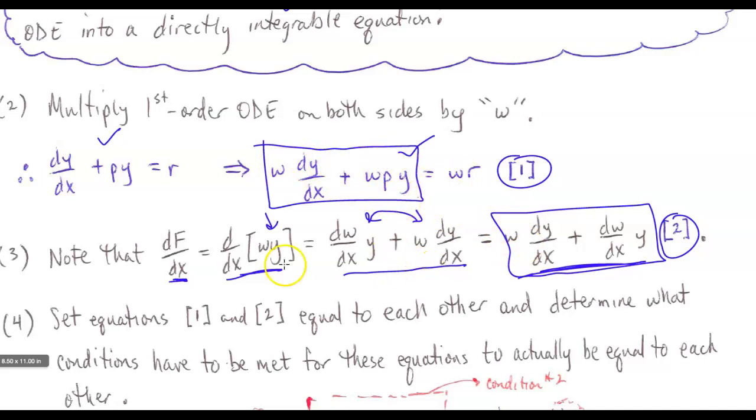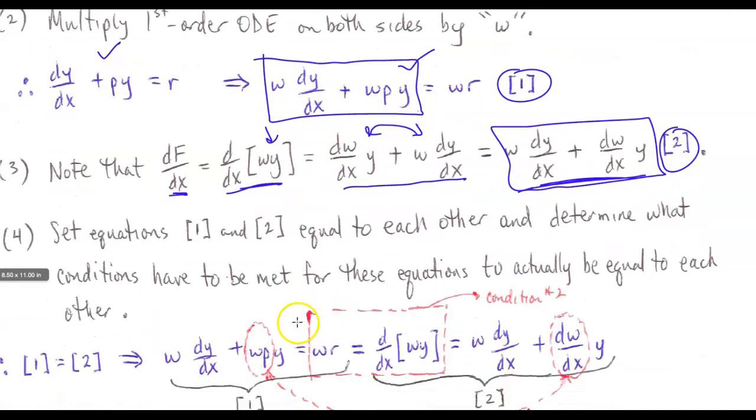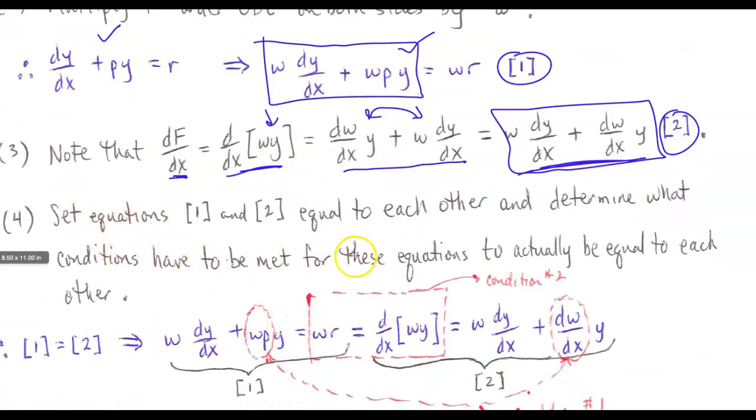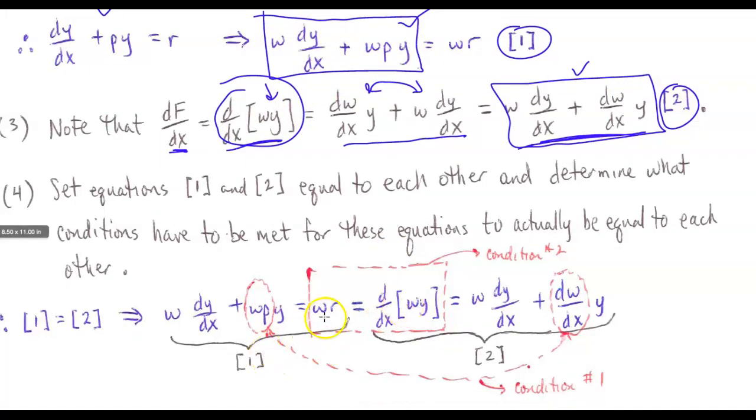Okay, so to do that, if we set them equal to each other here, I've taken equation 1, which is this first part, and then just said equal, and then did equation 2, where I use this part of equation 2 and this part.